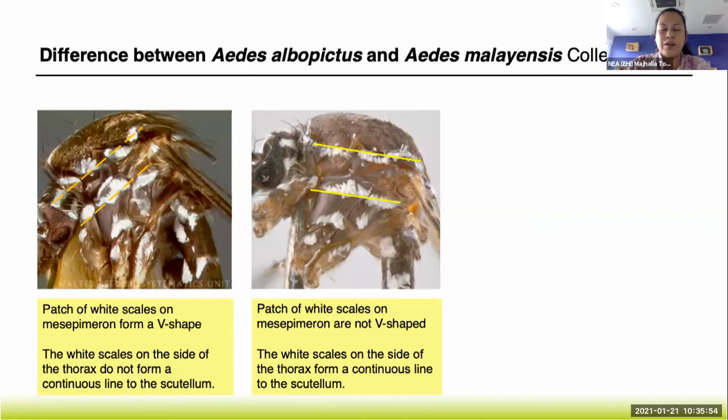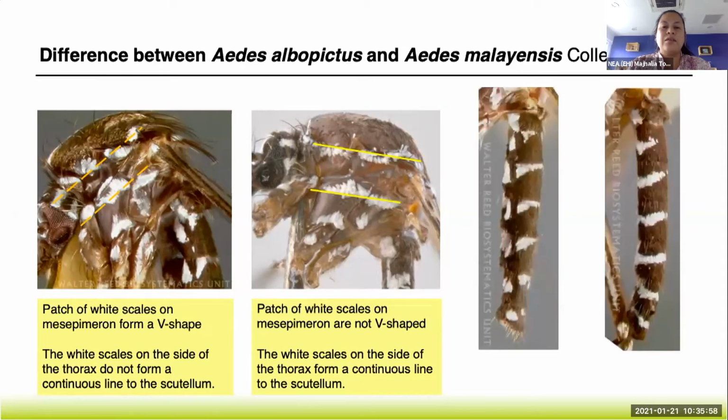Another thing that is very distinct between the two species is when you look at the abdomen from the side. I'm pointing to the line of the segment. If the white scales touch the line of the segment, that is called a basal band. So for Aedes albopictus, it is touching the line of the segment.